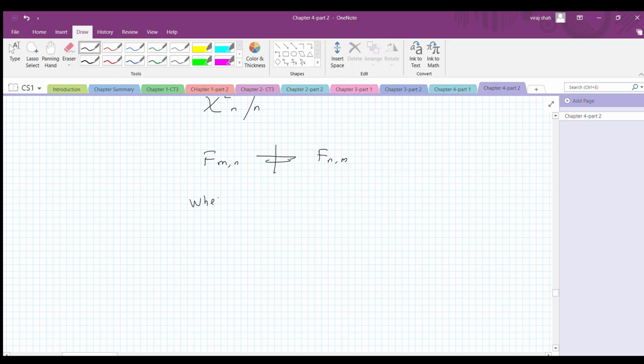My question is, when is F(m, n) equal to F(n, m)? 1 upon F(m, n) is nothing but F(n, m). So this is not true directly, but if you take the reciprocal of this value, then this is true.